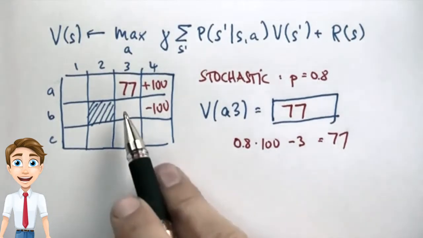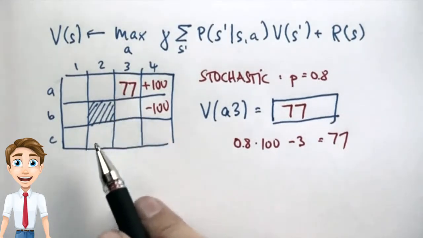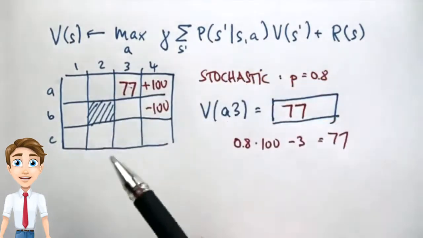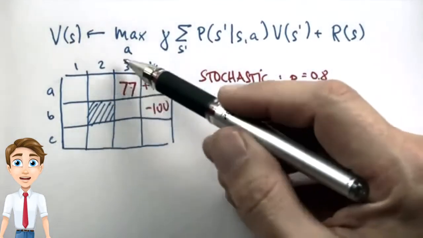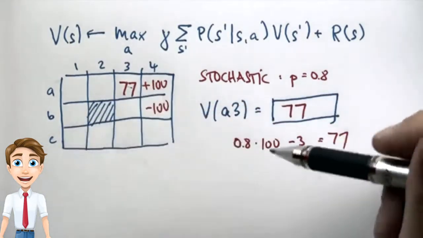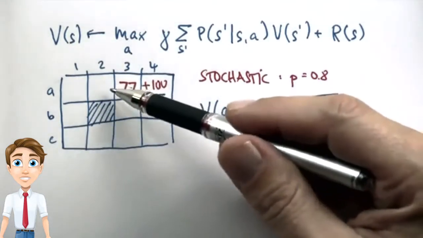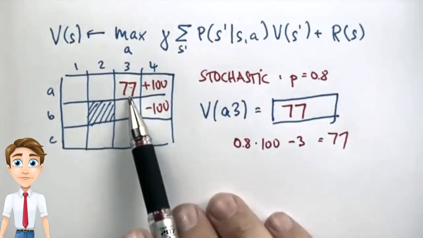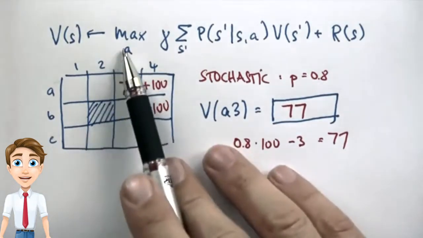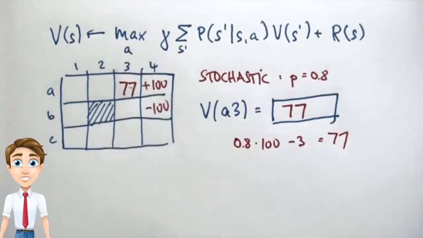It's also easy to verify that any of the other actions have a lower value. So for example, the value of going west will be 0 in all possible outcomes given the current value function, minus 3. So the value of going west would right now be estimated as minus 3, and 77 is larger than minus 3. Therefore, we pick 77 as the action that maximizes the updated equation over here.